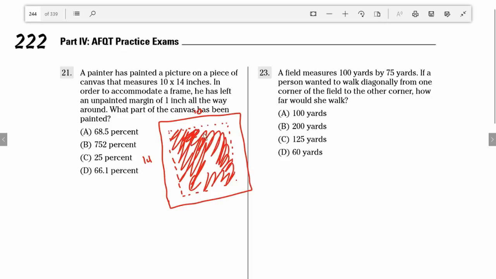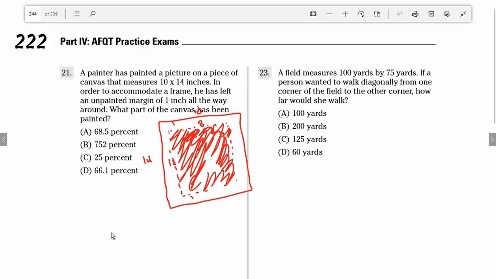We're asked to find out what proportion of the area of this canvas is going to be painted. So this becomes 14 minus an inch, so this becomes 12. And this becomes 10 minus an inch on the left and minus an inch on the right, or 8.